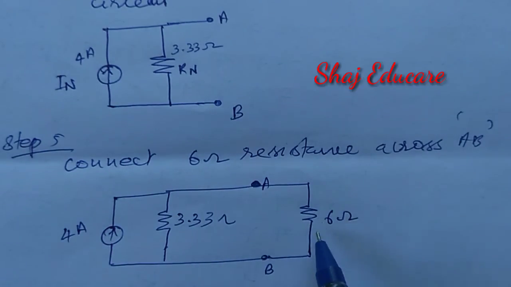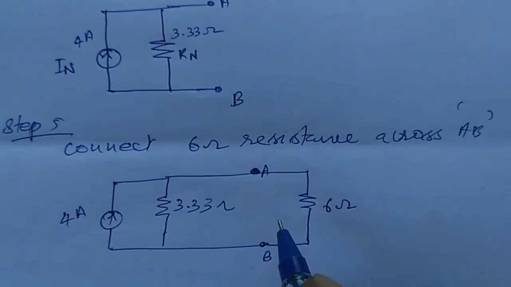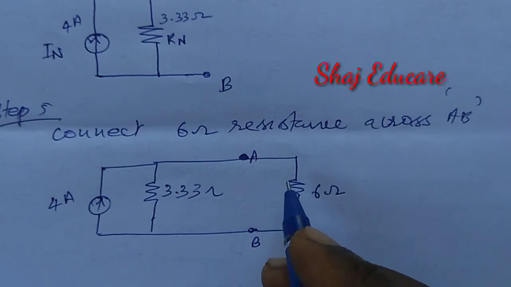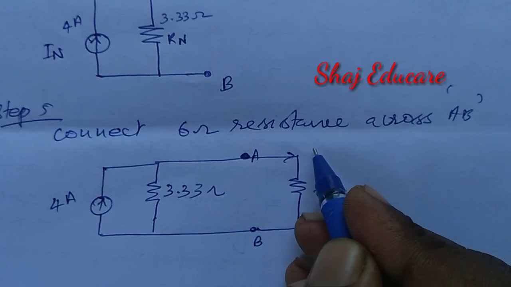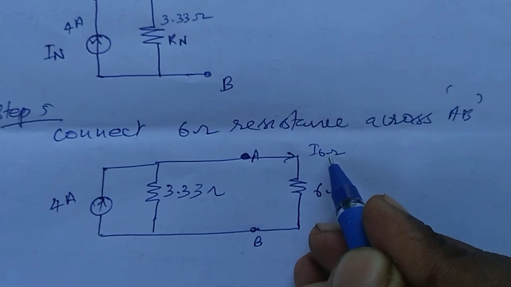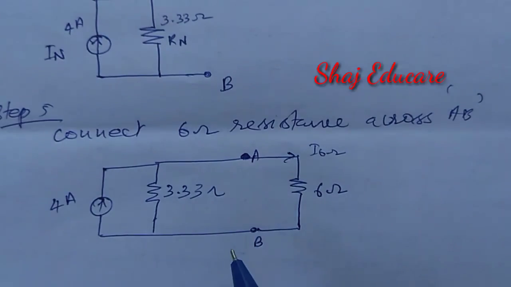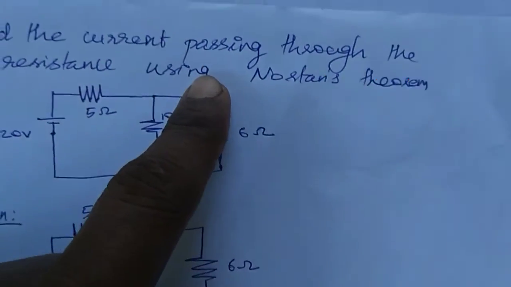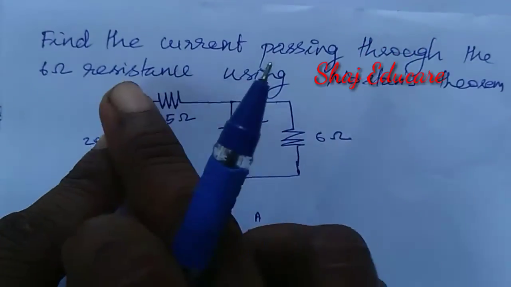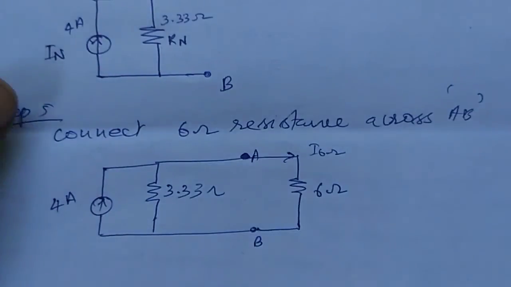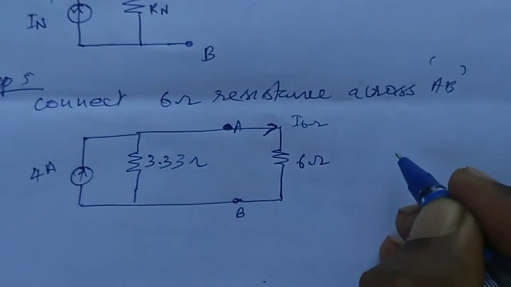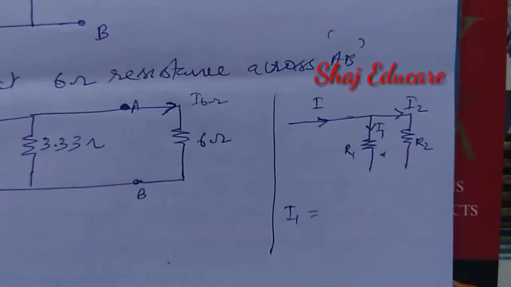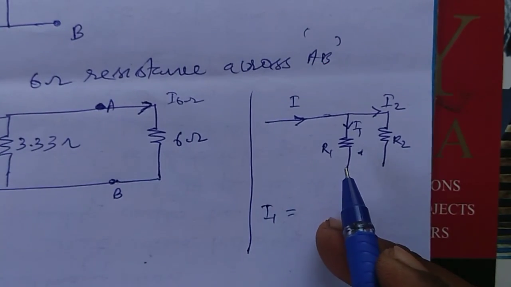Now let us find the current flowing through this one. How can we find the current flowing through the 6 ohm resistance? Let us denote it as I 6 ohm. That is what we are going to find out. By the current division rule, let us refresh the current division rule.